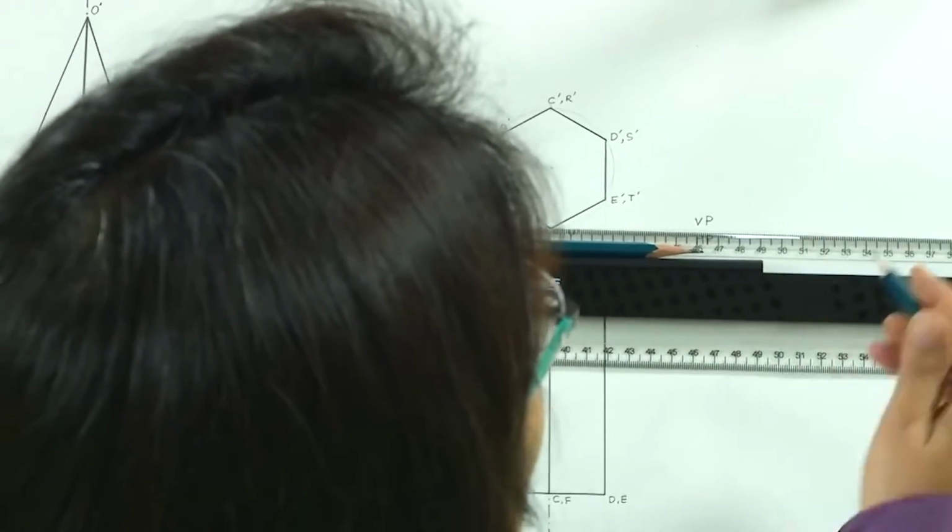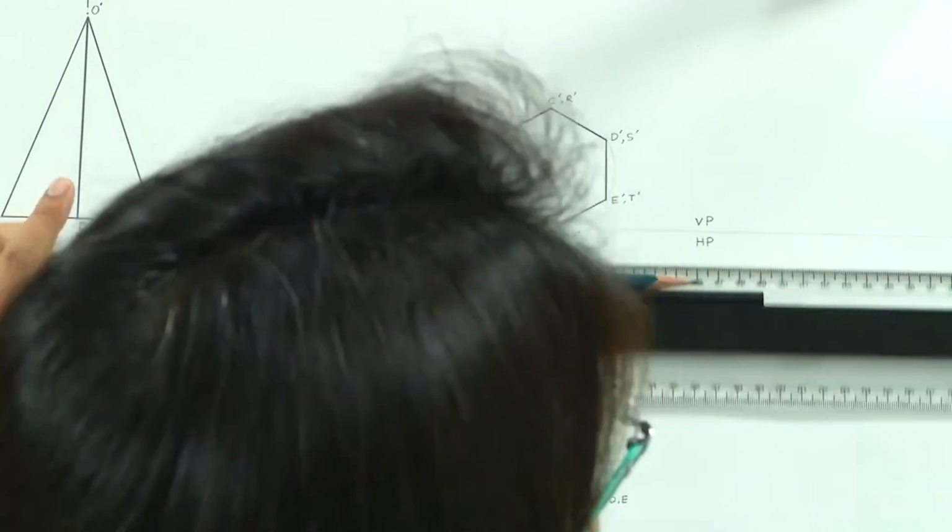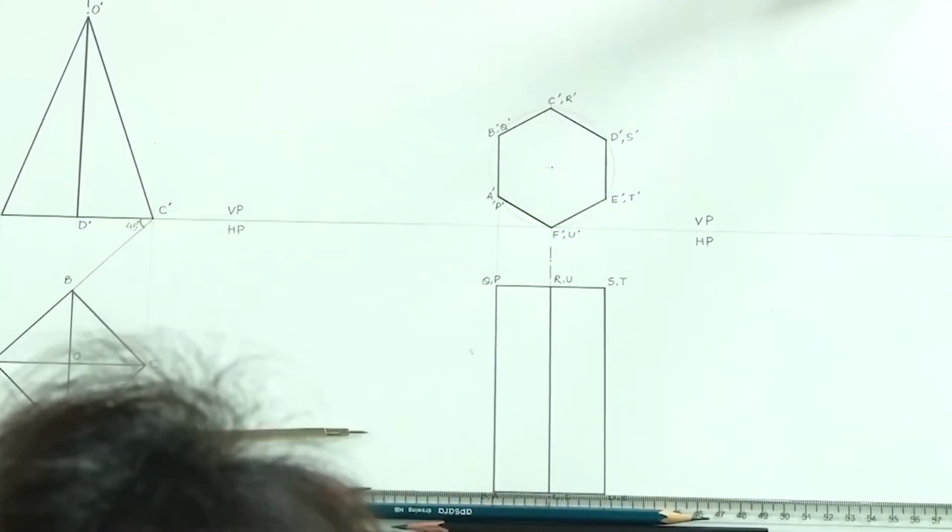So in this case, what do we start with? As in previous cases, if you remember, we started by drawing the side elevation first. So we will draw the side elevation. Depending upon the position of the triangle, this prism could be resting on one of its edges or on one of its faces.